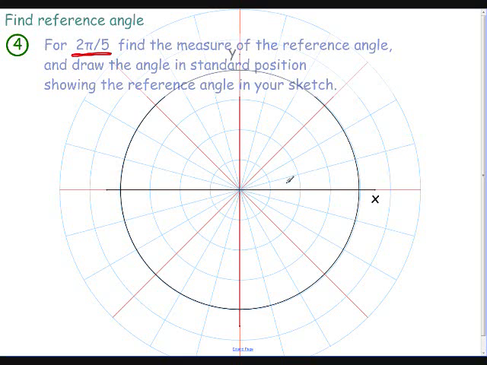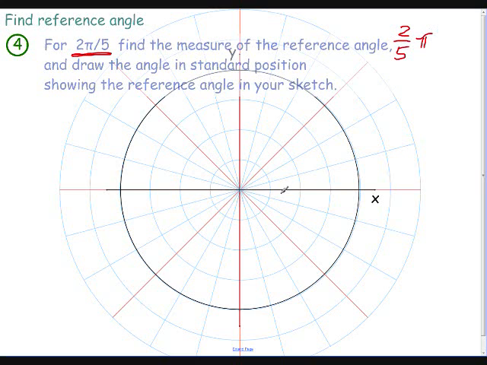So if this is being divided by 5, 2 pi divided by 5, 2/5 of pi. That's another way I could think about it, right? I could think about it this way. 2/5 of pi.